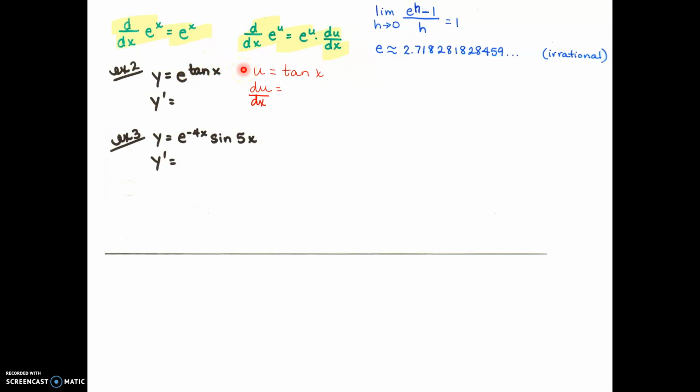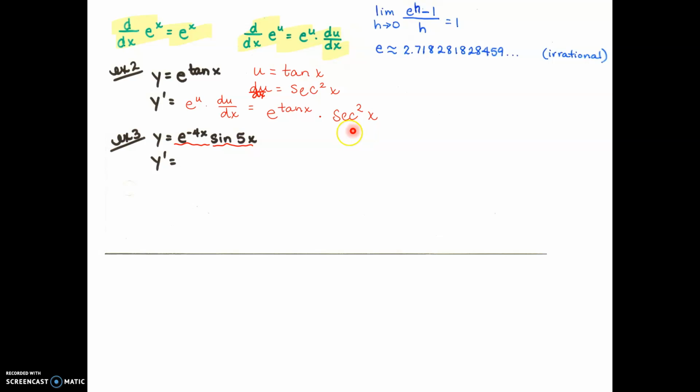If u is equal to tangent x, then we know the derivative of tangent is secant squared. So to get our answer, we'll just do e to the tangent x times the derivative of u, secant squared. Not really any way that we can clean that up, so that would be our final answer.